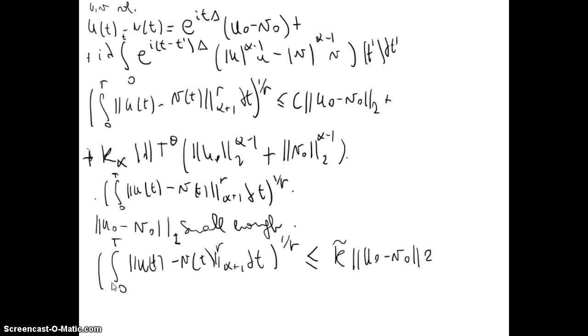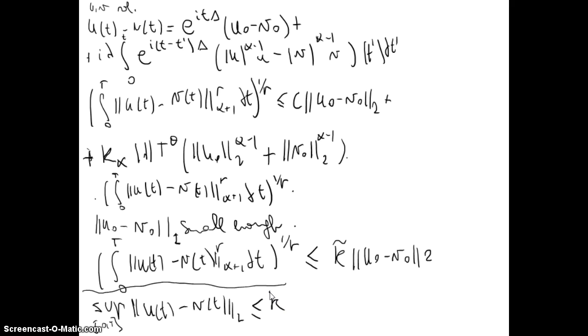Okay, and in the same way we can prove for the other part that we have to bound, that the supremum over 0 to t of the norm of u(t) minus v(t) in L^2 is less than or equal to, again, K tilde times the norm of u naught minus v naught in L^2.